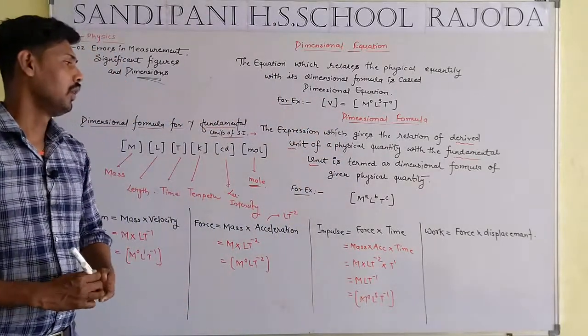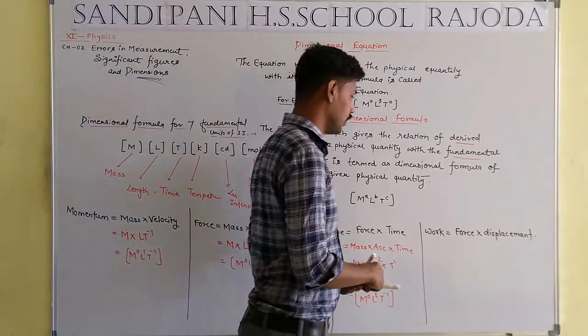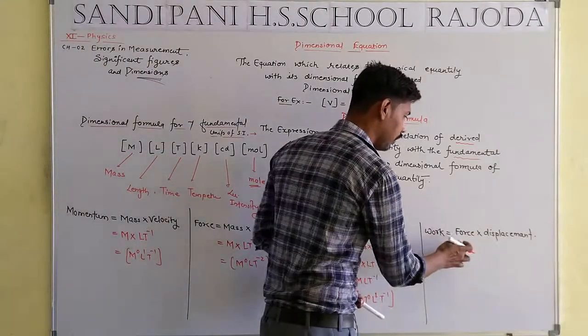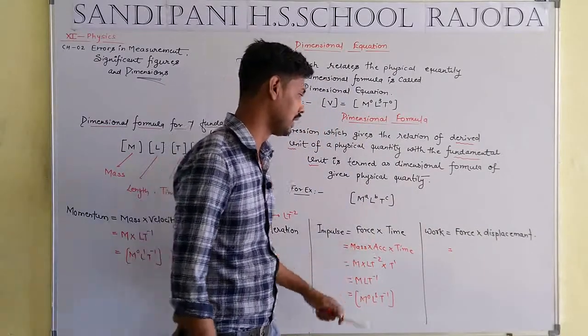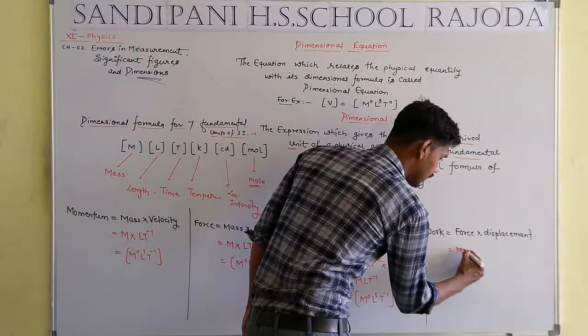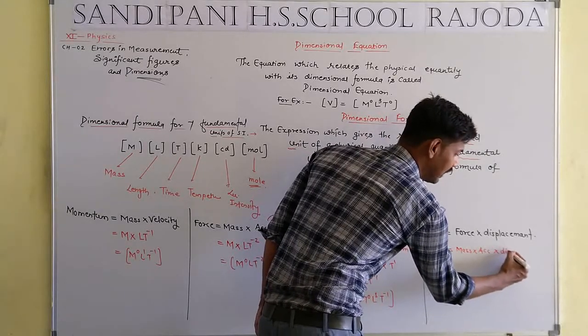The last one: dimensional formula for work. Work equals force into displacement. Force equals mass into acceleration, so mass into acceleration into displacement.